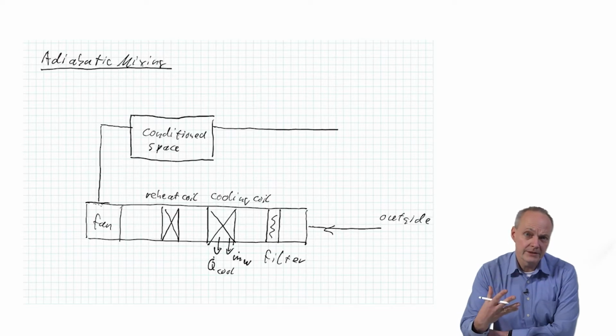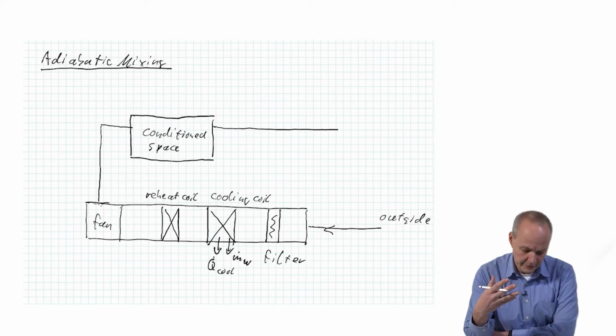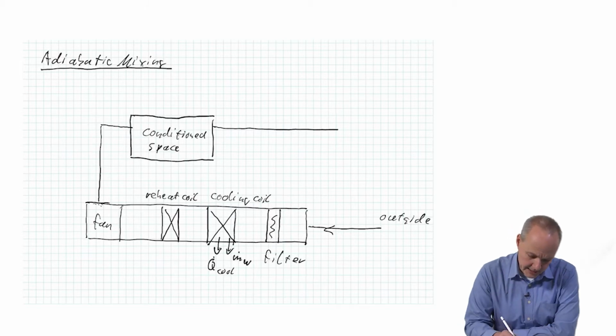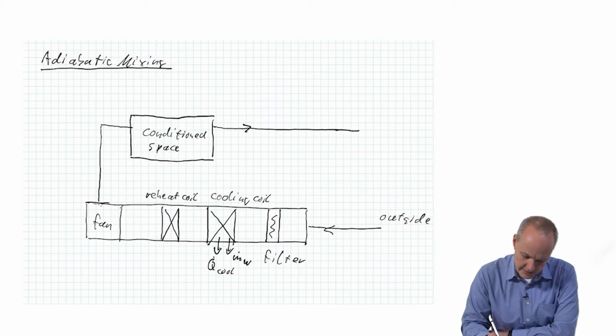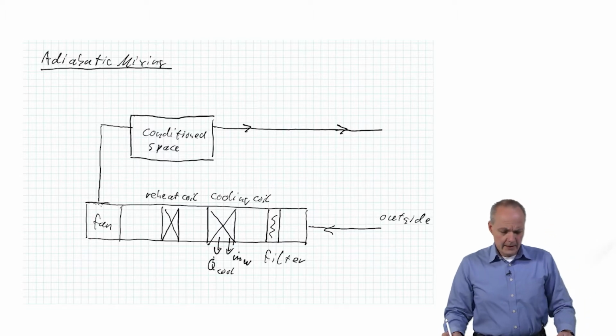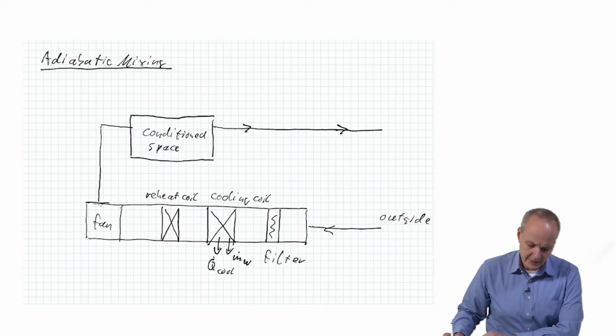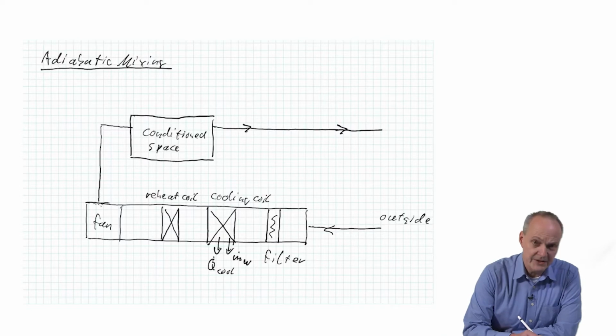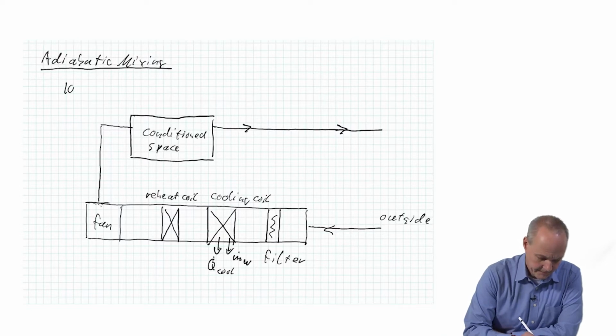There it mixes with the already present air, and we assume that then the perfectly mixed air leaves again from the conditioned space and is discharged to the outside. So this is a situation that we call 100% outside air.